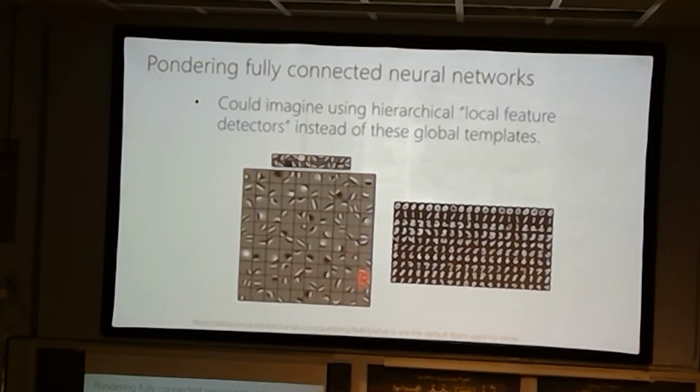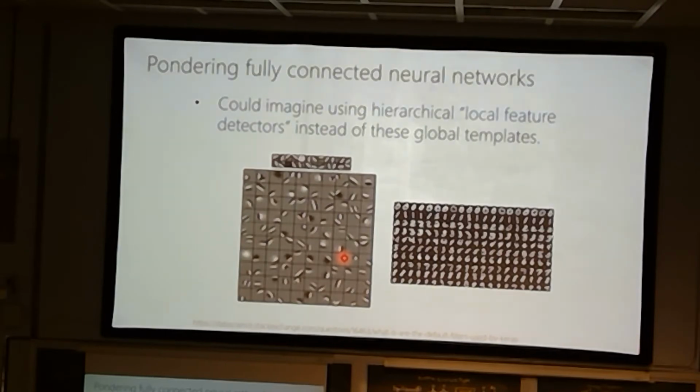Each of these is roughly like an edge detector at some orientation. If you could detect edges at different orientations all over the image, reusing them, and then somehow assemble them, you could start to get richer representations with many fewer parameters.